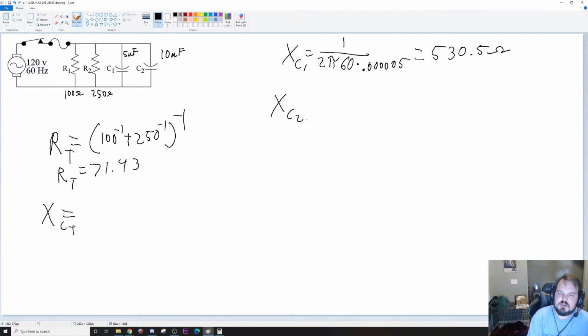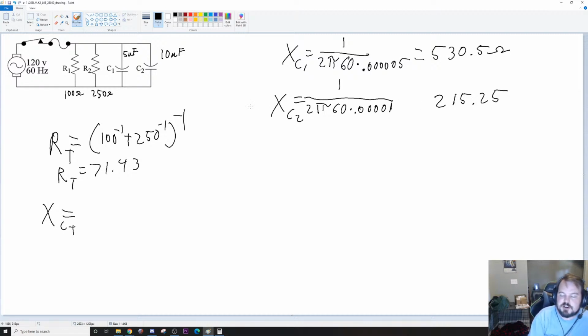X of C2, basically going to do the same steps. I'm going to make a guess, and it's going to be 215.25. But because the farads are doubled, the X of C is going to be half. So 2 pi 60 times 0.00001.